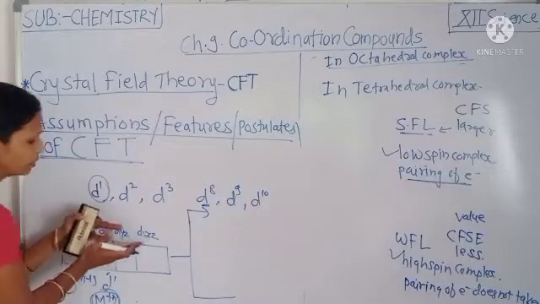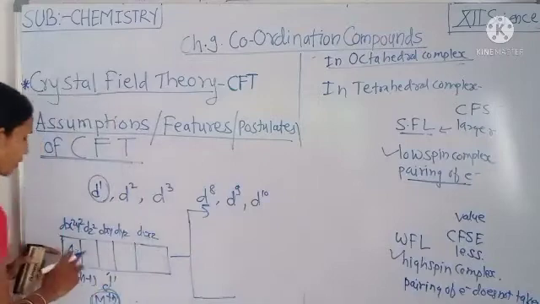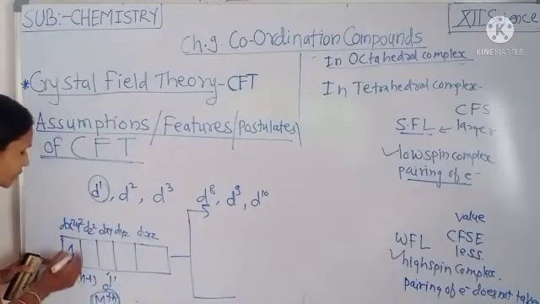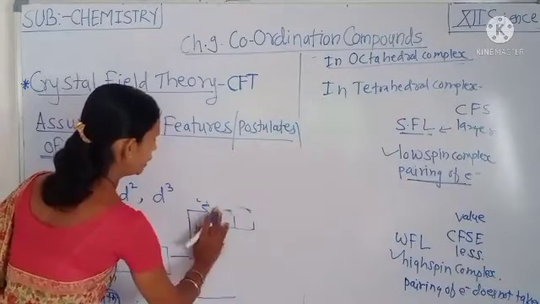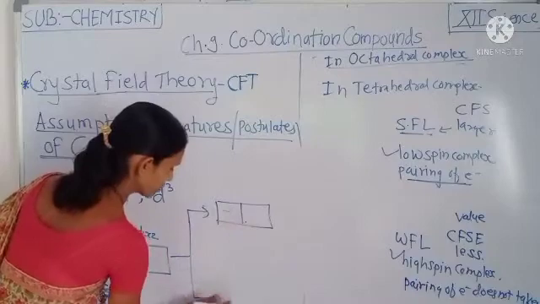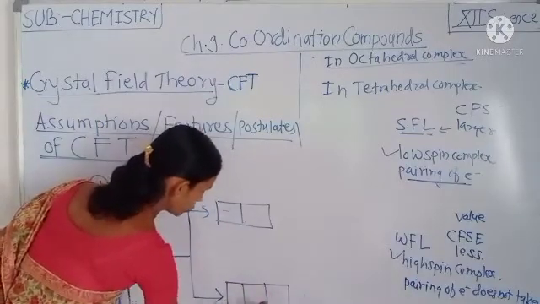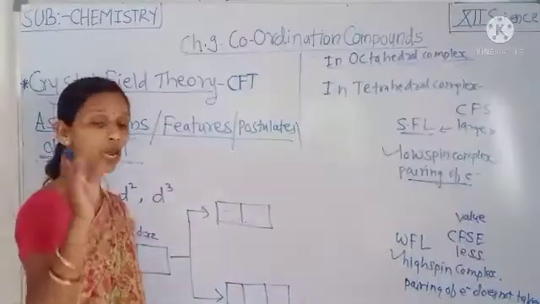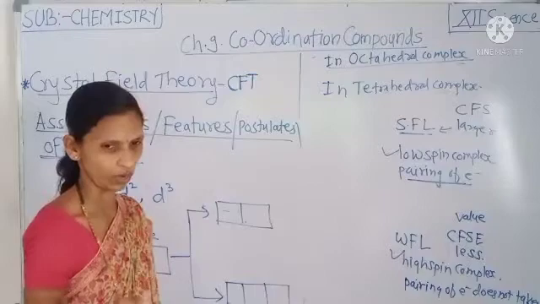When these degenerate d orbitals split into two sets, the electrons fill those orbitals according to the above principle and Hund's rule.